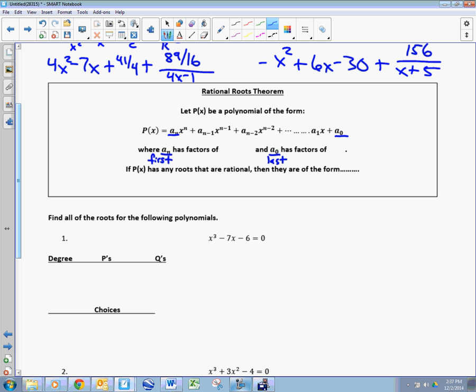A sub n has factors of q, and A sub 0 has factors of p. If this polynomial has any roots that are rational, then they are going to be of the form plus or minus p divided by q.